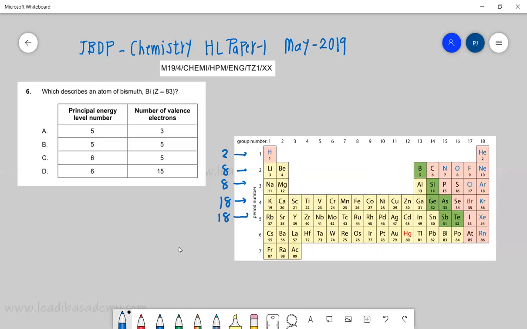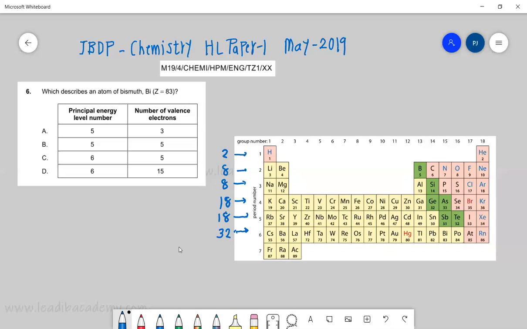And now comes the confusion. I won't say confusion, but in the sixth period we are going to get the lanthanoids, that is the F block, and that's the reason it goes up to 32. Now if we add up, because we are dealing with atomic number 83: 2 plus 8, 10, 18, 36, 54, 86.